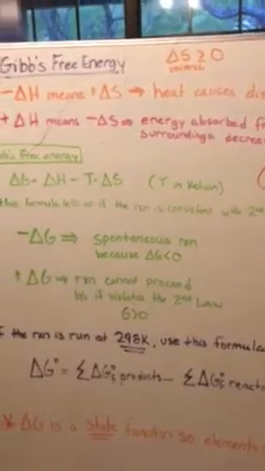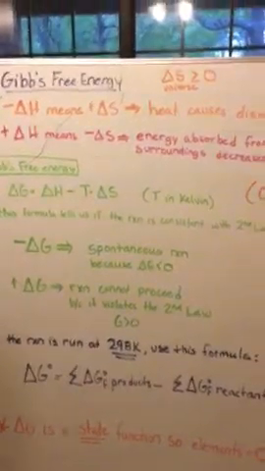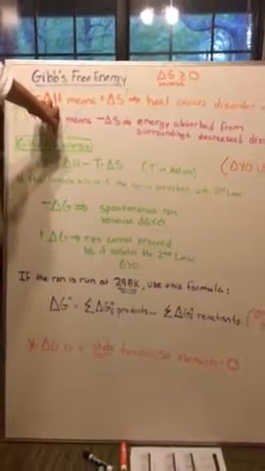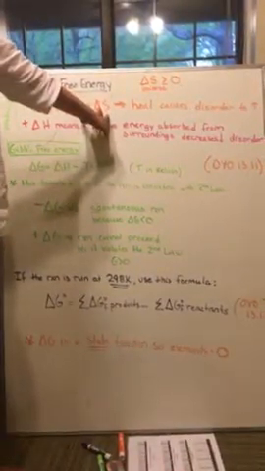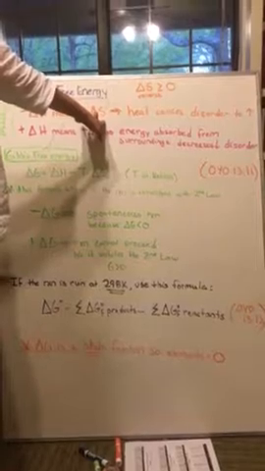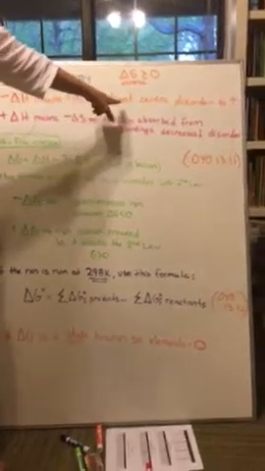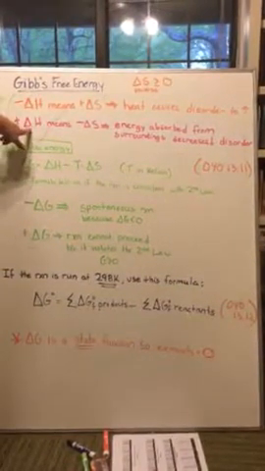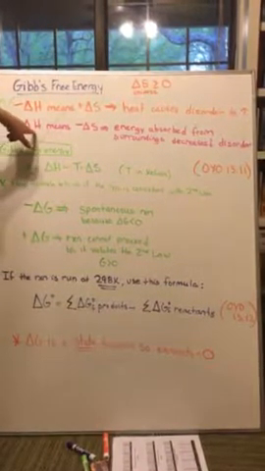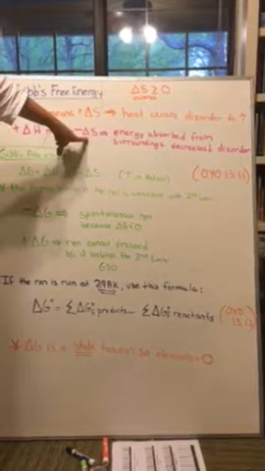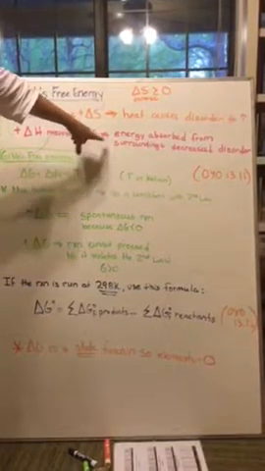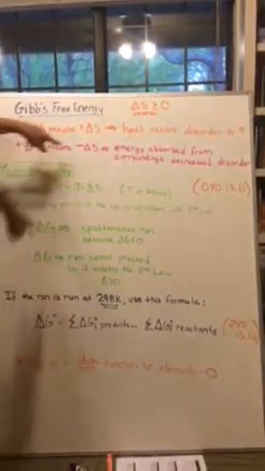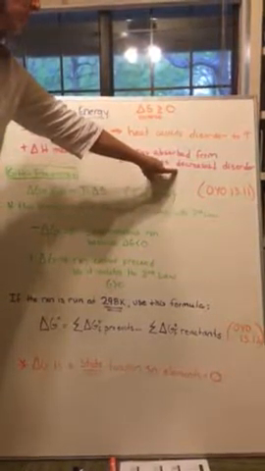So if I'm trying to predict whether a reaction will happen spontaneously, if I have a negative delta H, which means it was exothermic, then I'm probably going to have a positive entropy, because the heat causes the disorder to increase. And likewise, if I have an endothermic reaction, it means I'm probably going to have a negative delta S, because the energy absorbed from the surroundings to make this reaction happen decreased the disorder.